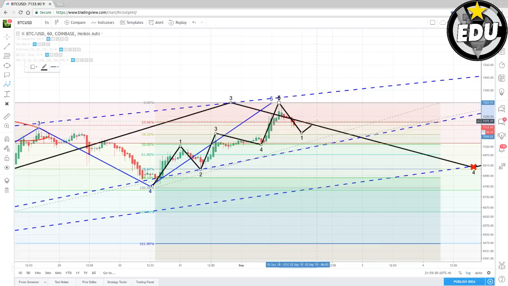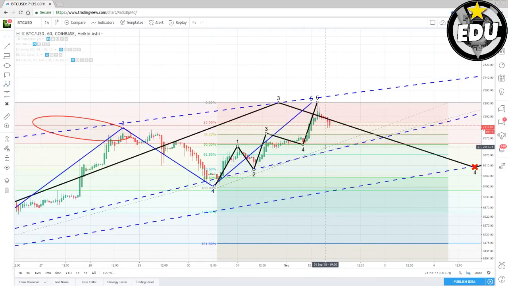Usually they do 38, 23, 50, and then maybe we'll go down more. 4, 5. I'm not sure about this correction, how deep can it go, but I'm expecting for sure an ABC of this little one.